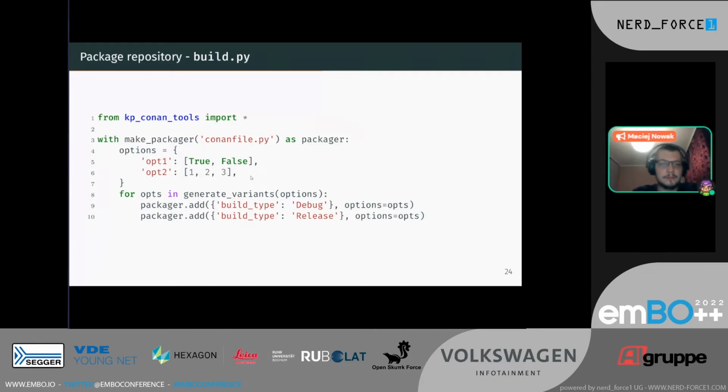And then using just a for loop, we are adding different sets to the packager, and Conan package tools will then build all required sets. And this script is invoked separately for each profile you would like to build, which will be shown nicely in a Jenkins screenshot in a few slides.